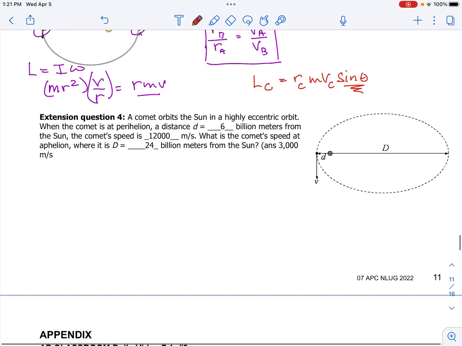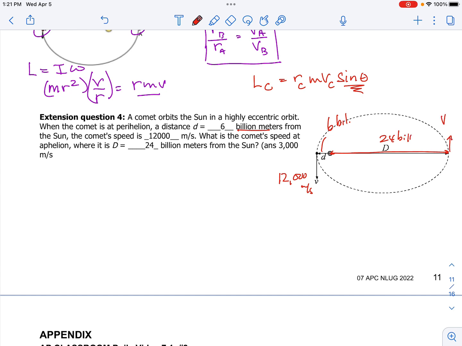And then I just put together a simple ratio problem as a practice. So if this distance is 6 billion meters from the sun, and the comet's velocity is 12,000 meters per second, and this distance, big D, let's say this is the comet speed at aphelion, is 24 billion. So this would be kind of the standard, and I need to find what is the velocity at this position.